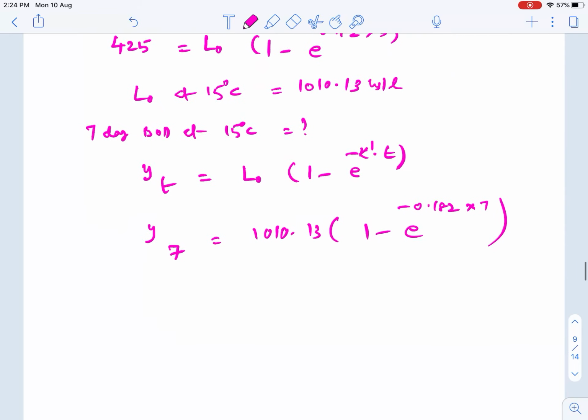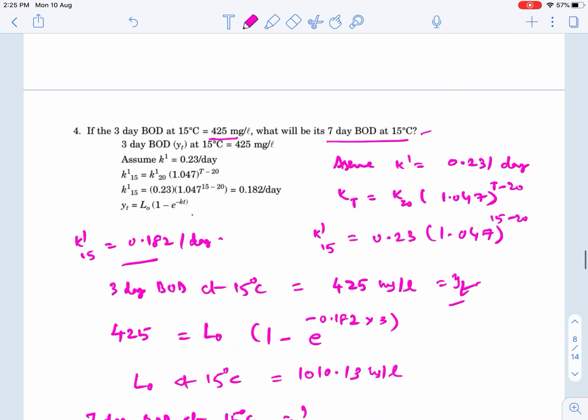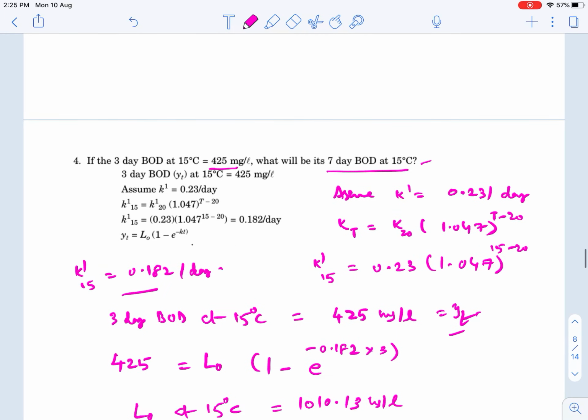Time is 7 days. So we can calculate 7-day BOD at 15 degrees centigrade is equal to 727.58 milligrams per liter.